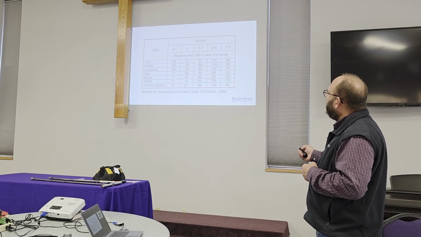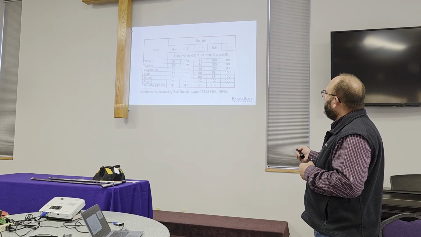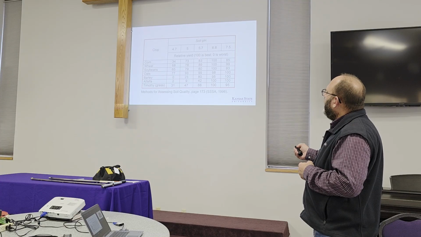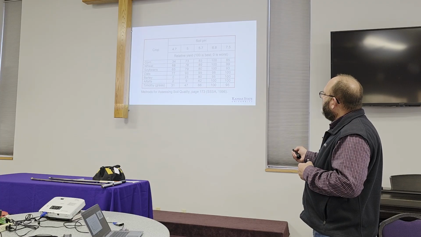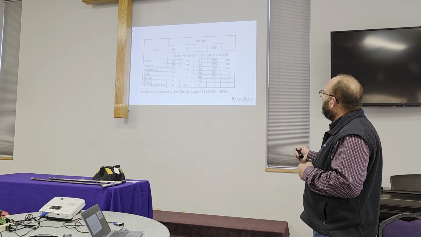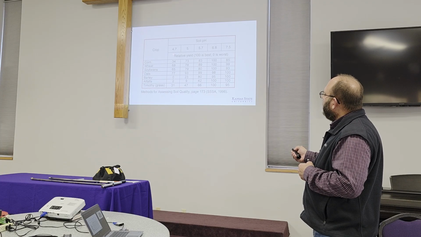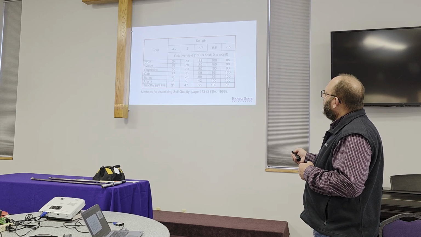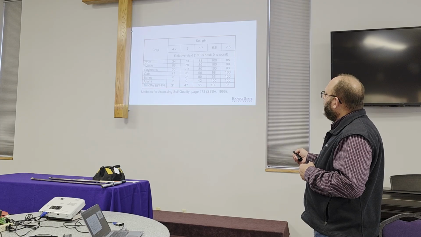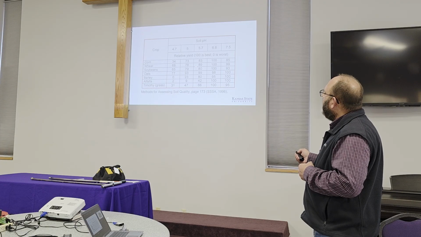As we start to decrease, so become more acidic, we're not able to achieve or maximize that yield, and that's an impact of soil pH. So we see corn, certainly as you get down to 5 and below, that really starts to have a negative impact on your yield.